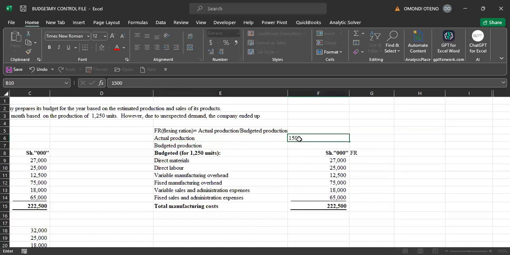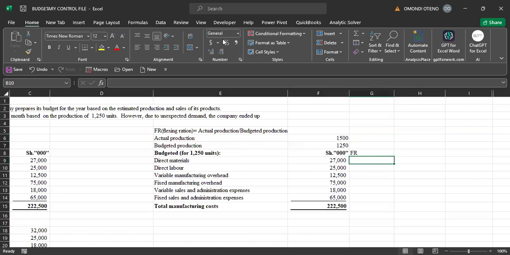Budgeted production, 1,250 units. So let's use these figures here for us to be able to get the flexing ratio. So flexing ratio is 1.2. Good. So let's do it together.